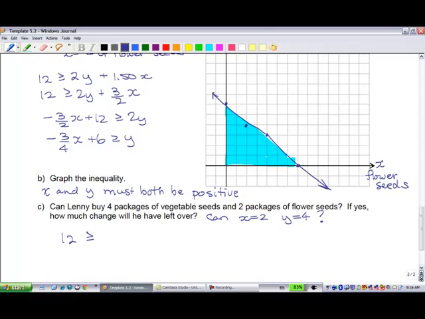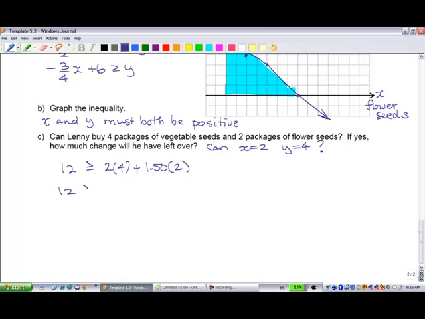Is 12 bigger than or equal to 2 times 4 plus 1.5 times 2? That's 8. 2 times 1.5 is 3. And 8 plus 3 is 11. You betcha. So yes, he can.